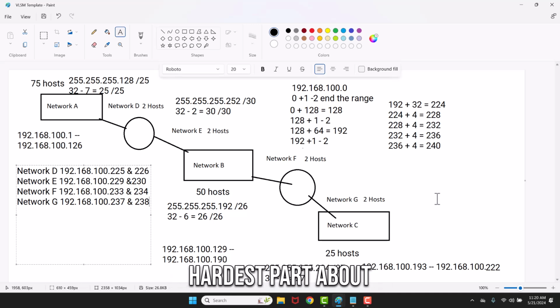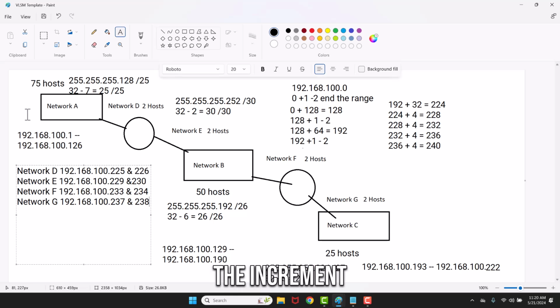The hardest part about this type of question for the Cisco certification is remembering to add a different increment every single time. So overall, I started with the network ID of 0.